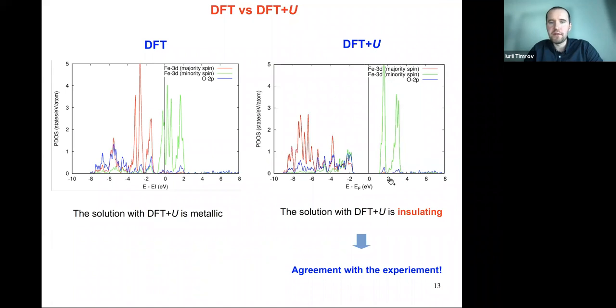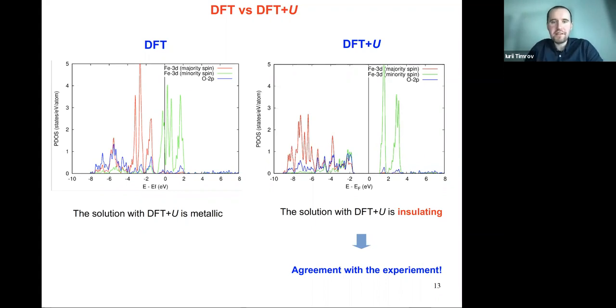When we do the self-consistent cycle, the calculation converges to the insulating ground state. So we have a band gap now. And in fact, this agrees with the experimental observation that iron oxide is an insulator. So this is good news. So the plus U correction works.